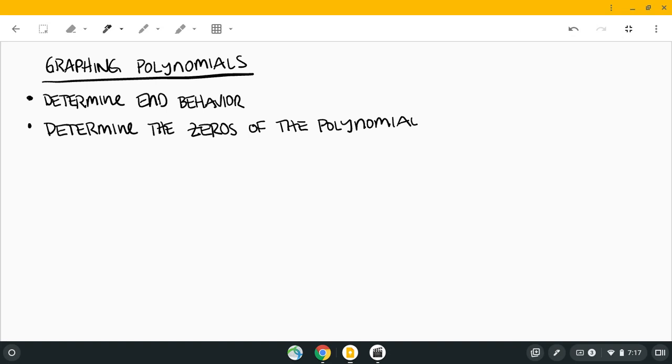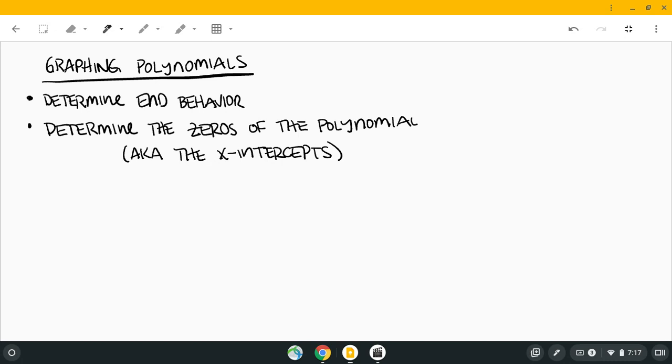So what are the zeros of the polynomial, you're asking? Aka the x-intercepts. And hopefully you know how to find the x-intercepts. You let y be 0, and then you solve for x.